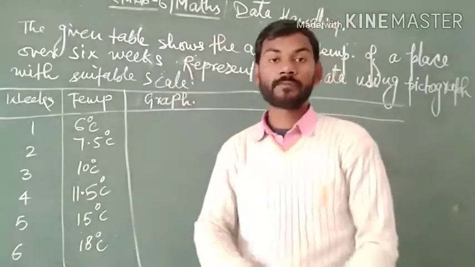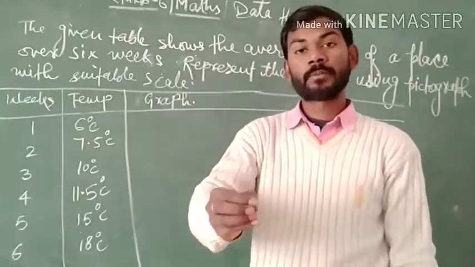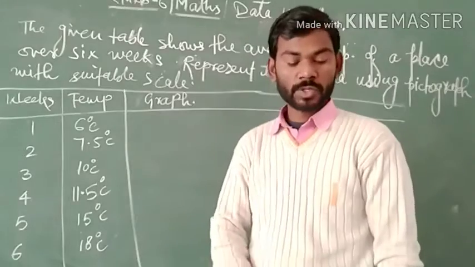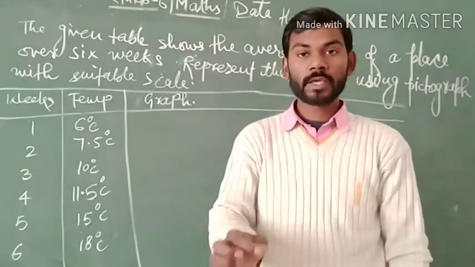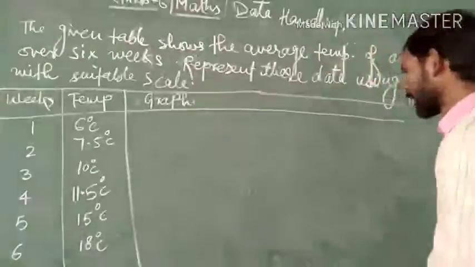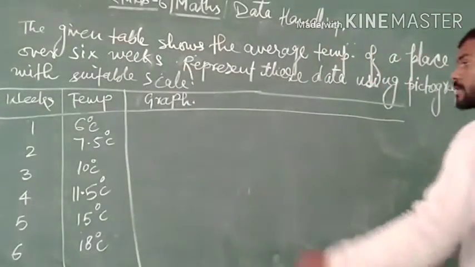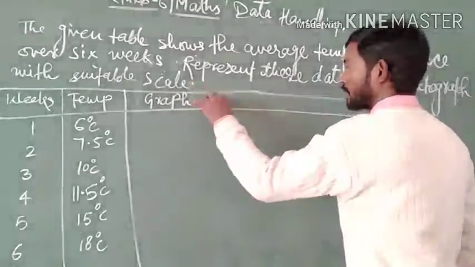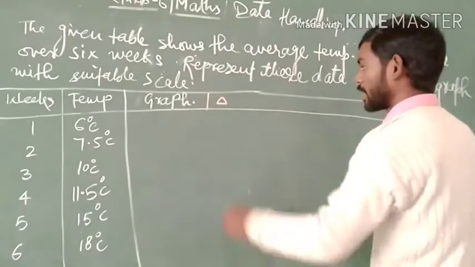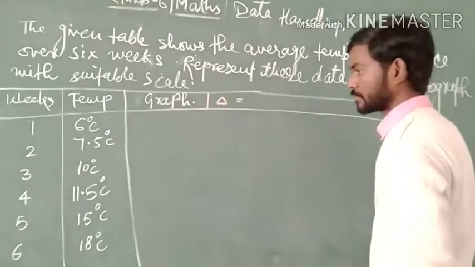Since in the pictograph we represent the data using some certain pictures which have their special scale, first of all we define the scale. Just suppose that here I am writing a triangle.